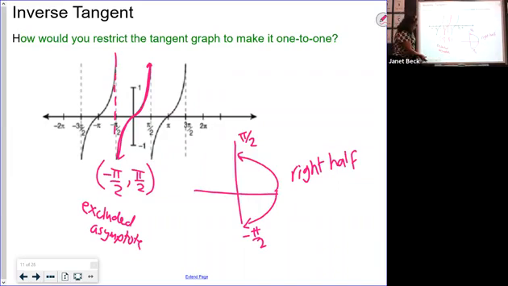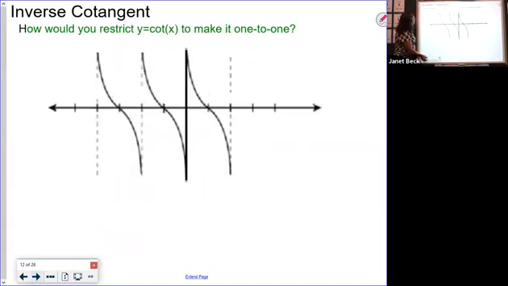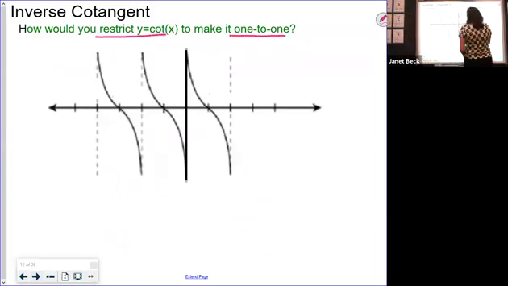So we're going to see how that fits with cot. For a cotangent graph, the inverse cotangent, how are we going to restrict this graph to make it 1 to 1? We're going to use this section of a cotangent from 0, which takes us to pi. Again, we have to exclude the ends because there are asymptotes.